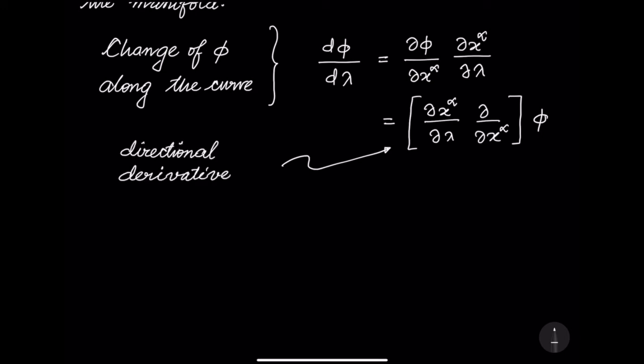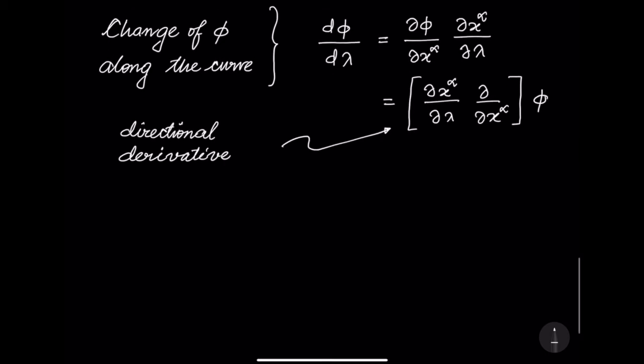Why do we call it a directional derivative? Where is the name direction coming from? Well, you see that if I have a curve, del x alpha del lambda essentially gives me the direction of the tangent vector of the curve, or it gives me the tangent vector of the curve at that point.